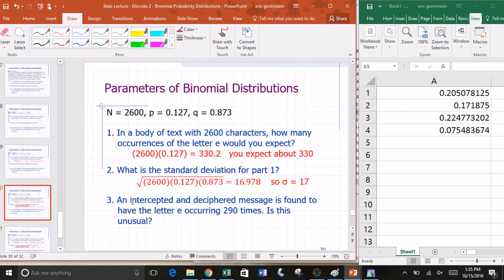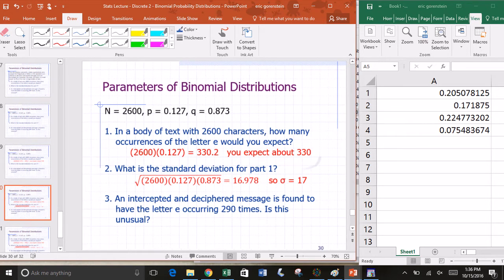So now, an intercepted and deciphered message is found to have the letter E occurring 290 times. Is this unusual? Well, the expected number of letter E's that you would see is 330. So now the question is, is 290 unusually low? Well, our criteria for unusual is more than 2 standard deviations away from average.